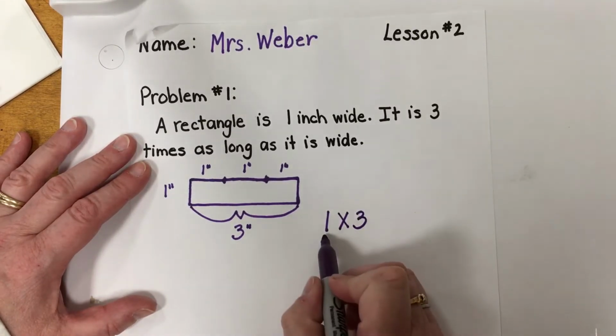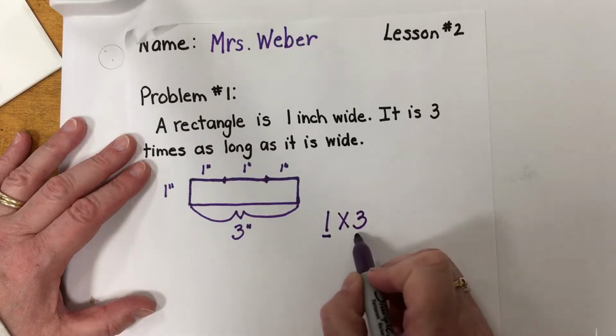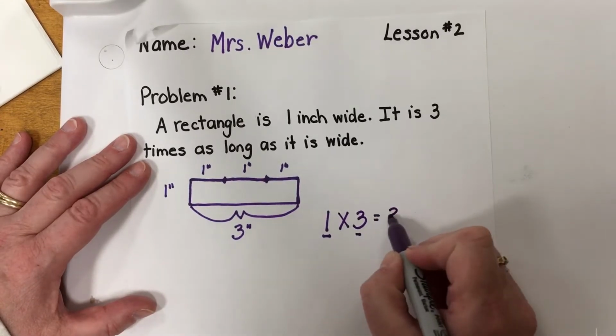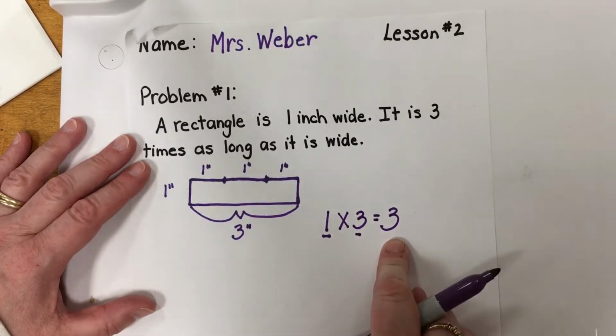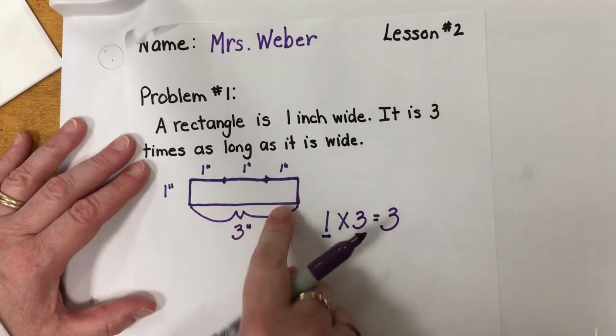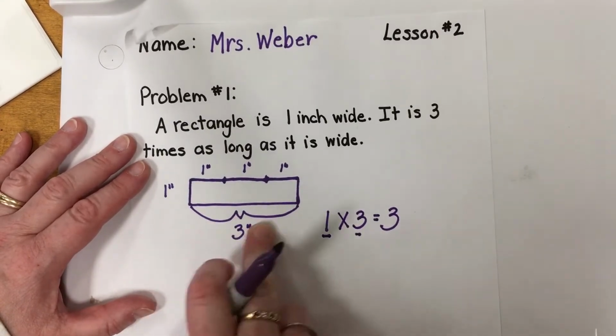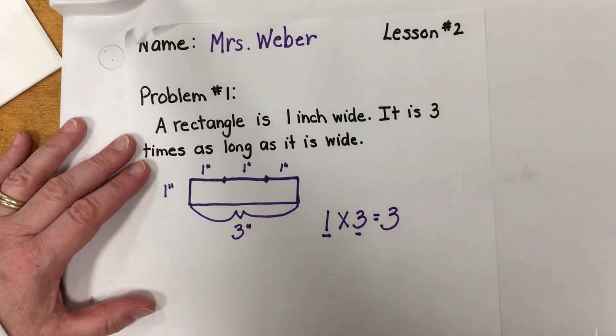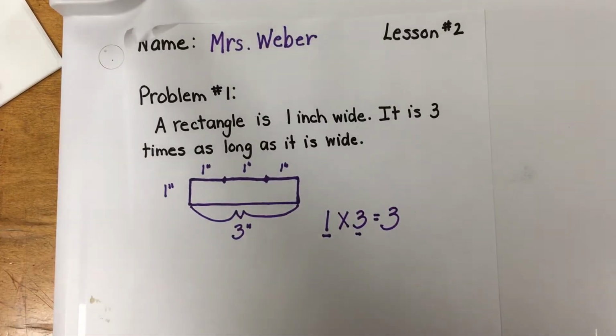So that's what I started with. That's what I multiplied it by. So 1 times 3 is 3, and that's the length of the longest side. Let's go to problem number 2.